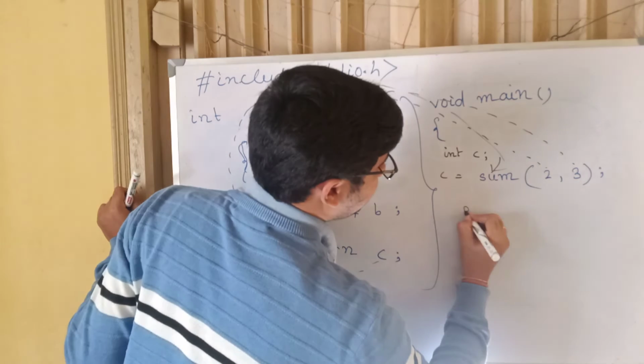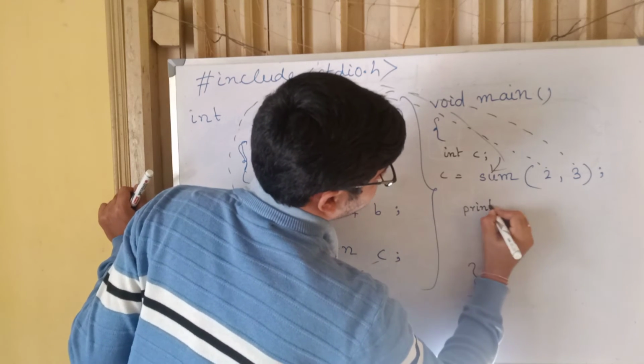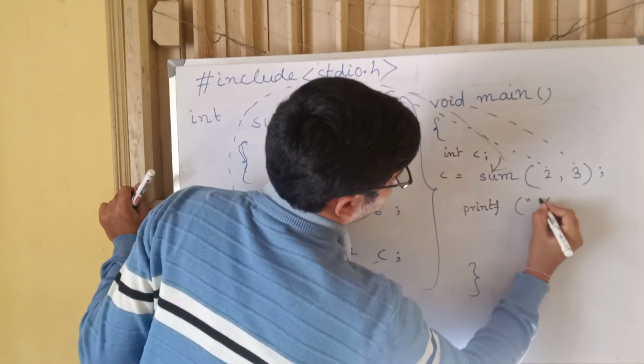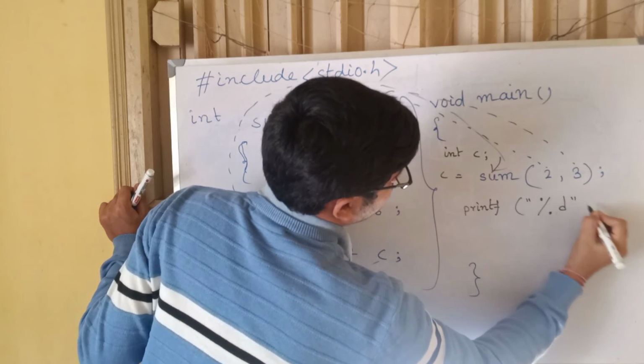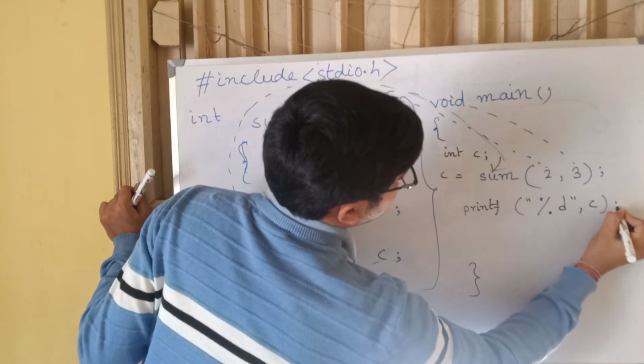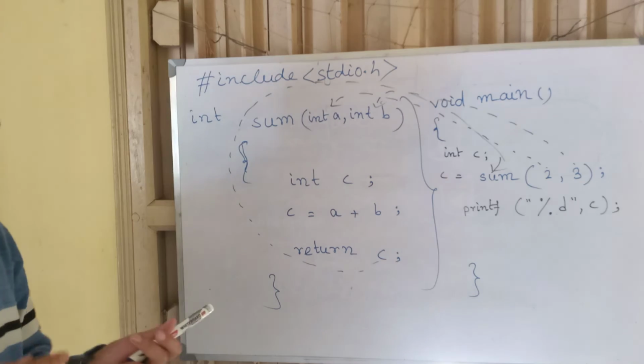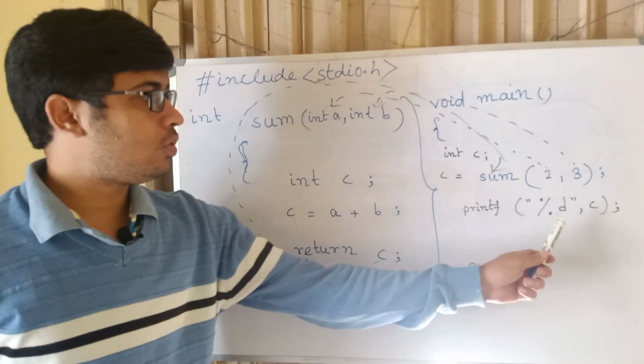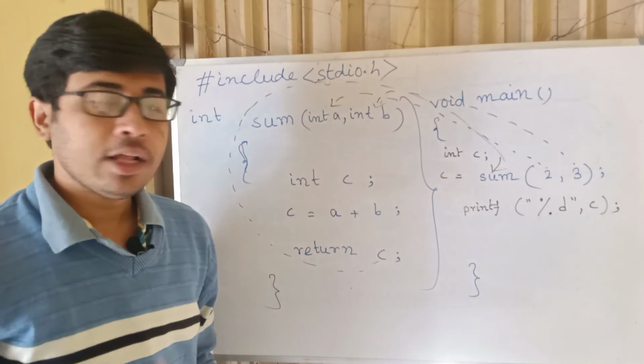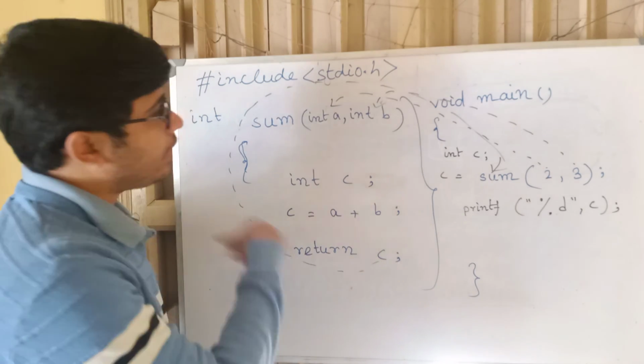So আমি যদি এখানে printf %d c লিখি, আউটপুট কি হবে? Output will be only 5. Why? Because we are getting the returned value.